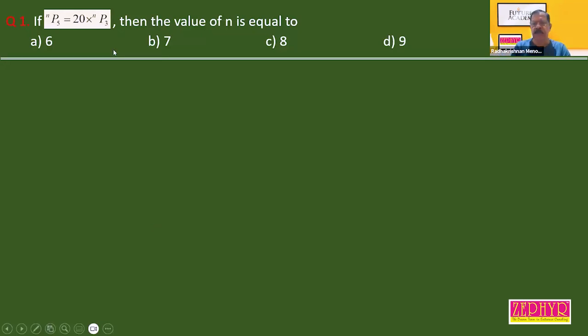So what is the answer for this question? These questions are for you to understand the concepts. nP5 is equal to 20 into nP3. Find the value of n.